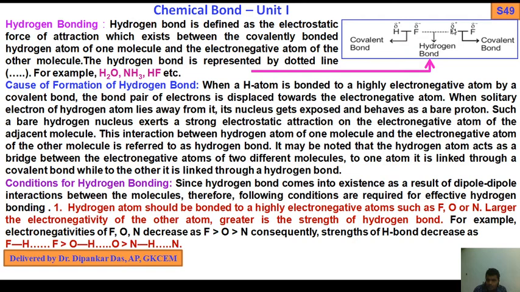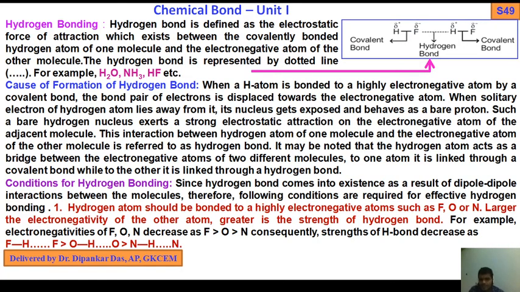So this hydrogen, which is covalently bonded with a more electronegative atom, fluorine, nitrogen, oxygen. These three elements, fluorine, nitrogen, oxygen, can form hydrogen bonds. So hydrogen should be attached to these three types of more electronegative element by a covalent bond, and also form a hydrogen bond with a more electronegative atom of another same molecule or different molecule.